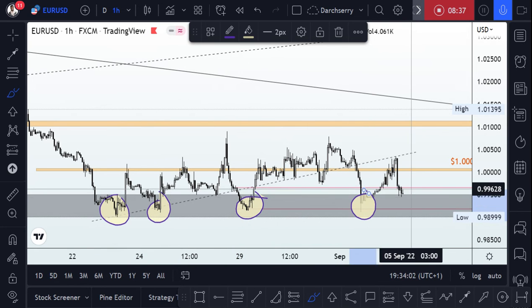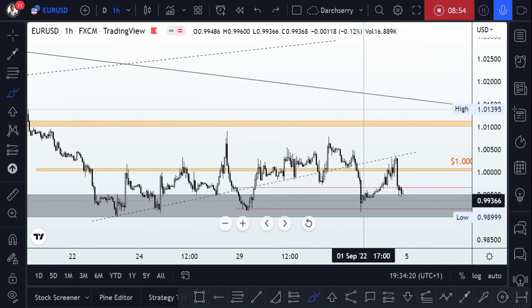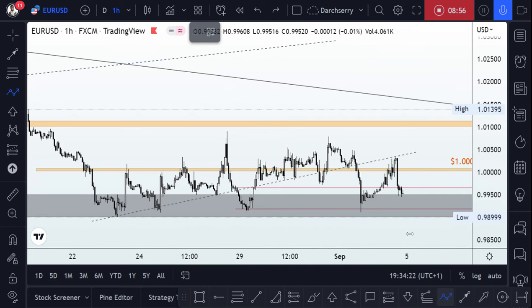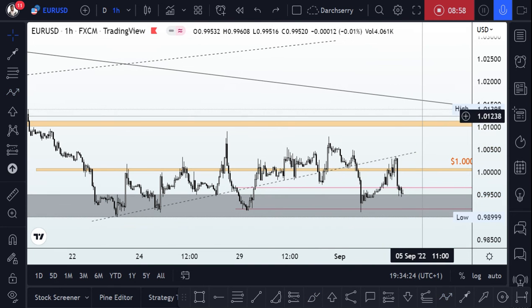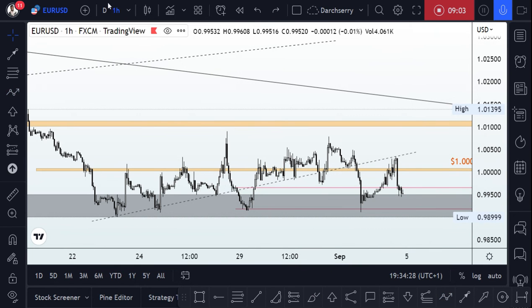So what I'll be looking forward to is to see how price is going to relate with this level during the early hours of this week. I will be sharing an update on how I intend to trade this Euro USD after monitoring price action in the first couple of hours in the week to determine if we are actually going to be going bullish or we are going to be looking forward to a breakdown of this demand zone.